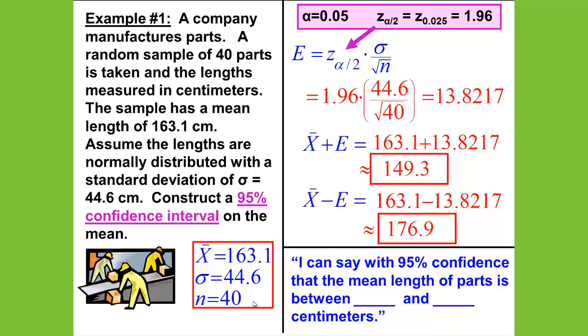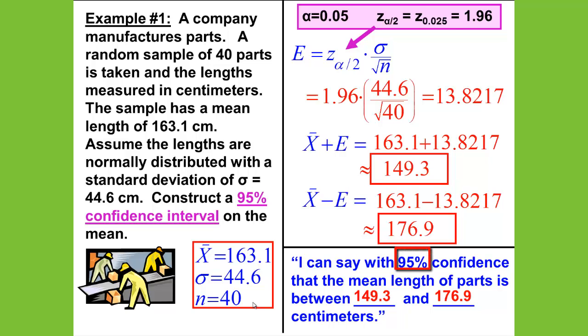I can say with 95% confidence that the mean length of parts is between 149.3 and 176.9 centimeters. As you write your sentence, I do need to pause here because I did not say it before. The sentence will remain the same with certain things changing with each problem. The 95% will change every time you do the problem.